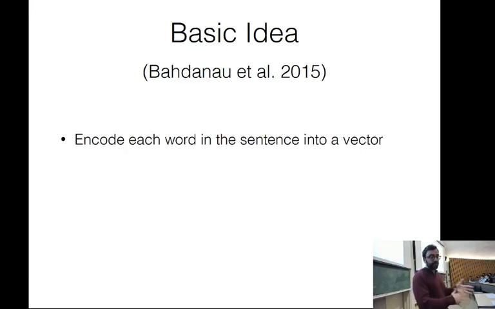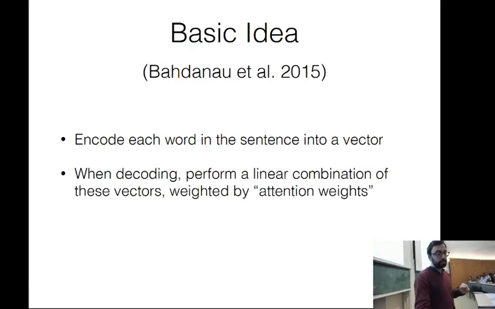So the basic idea is as follows. Again, the encoder produces representations for each word, or each word piece, or subword, or character. And then, during decoding, you want to combine all of them into one vector according to some model.